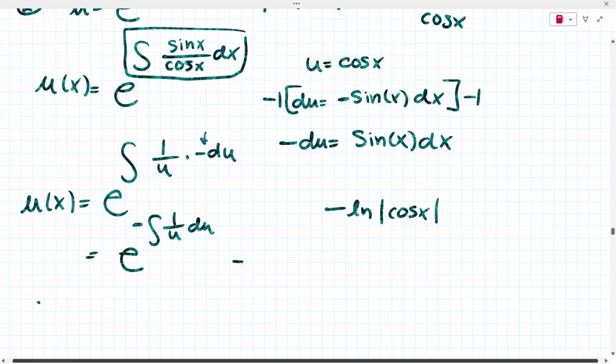So that simplifies as e to the negative ln of the absolute value of cosine x, right? And you have this minus, so we put that in front of the power. Because when you have a minus and you expand, you put the coefficient as a power.